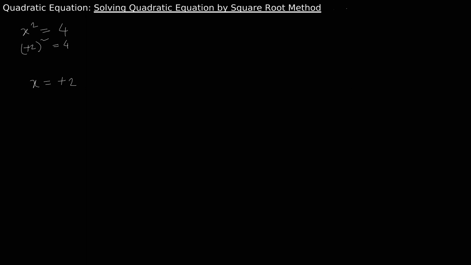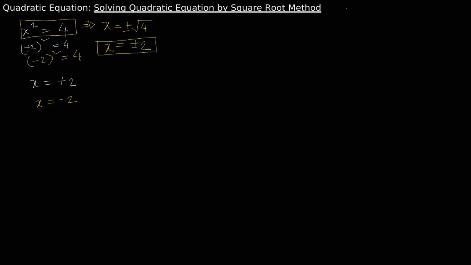Now if x equals negative 2, negative 2 squared is also equal to 4. So the solution for x squared equals 4 is x equals plus minus the square root of 4, which is equal to plus minus 2. So that is the solution for x.